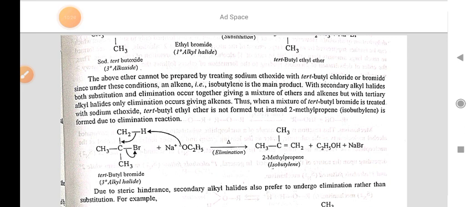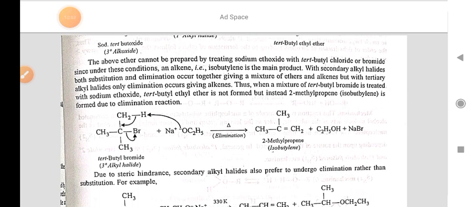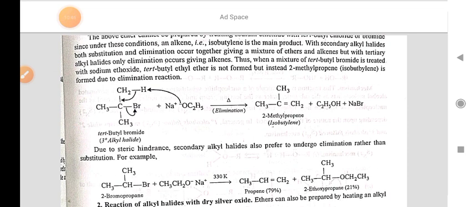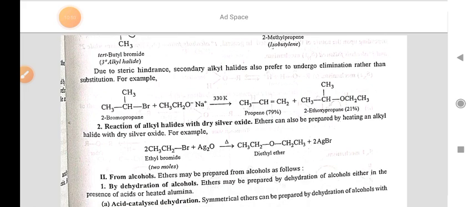With secondary alkyl halides, both substitution and elimination occur together, giving a mixture of ethers and alkenes, but with tertiary alkyl halides only elimination occurs, giving alkenes. Thus, when tertiary butyl bromide is treated with sodium ethoxide, tertiary butyl ethyl ether is not formed, but instead 2-methylpropene is formed due to elimination reaction.